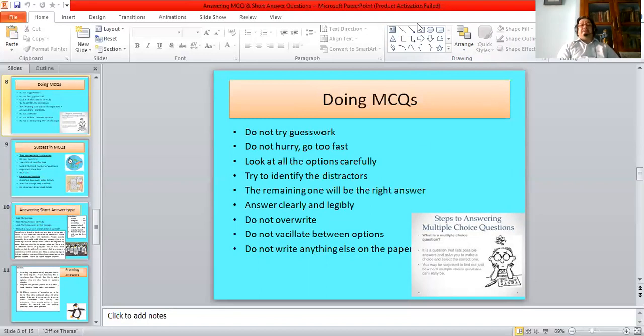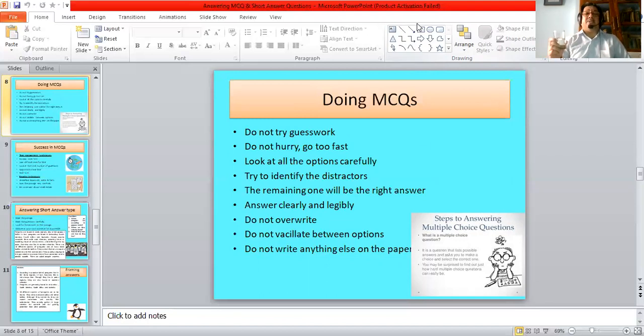Read the questions carefully and try to identify the distractors in the MCQs very carefully first before you underline the correct options. So which are the distractors? There might be 4 options in a question. Now 3 of them might be distractors, or 2 of them might be distractors.